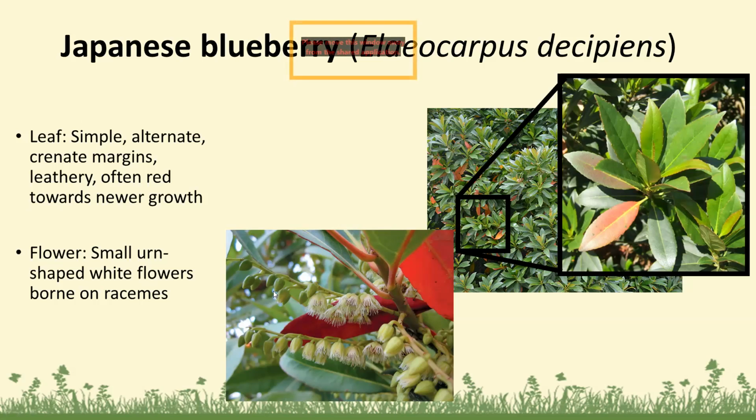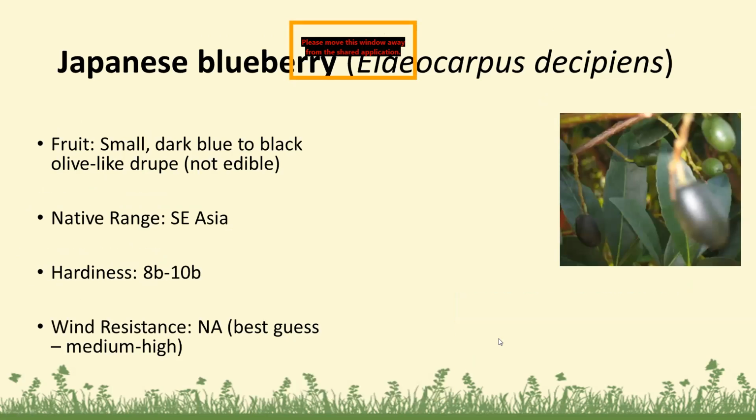If you're lucky enough to see the flowers, I don't think they're up for very long a lot of the time. They have these little white urn-like flowers, which eventually turn into small, dark blue olive-like drupes, which is where the plant gets its name, the Japanese blueberry. Definitely not edible though.